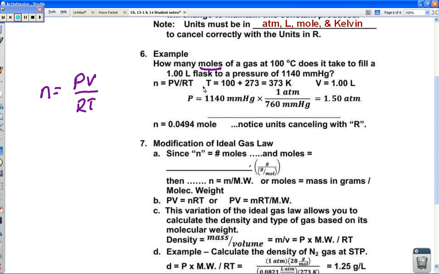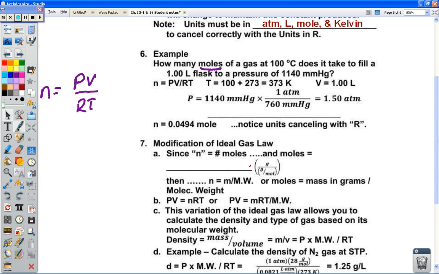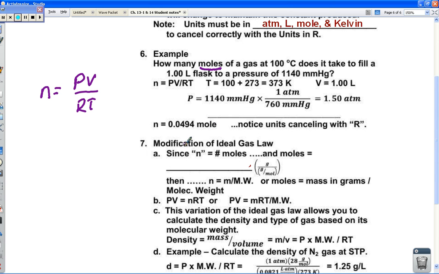It's already written on your page. I forgot to delete it. Our pressure equals... Oh, that's right, we need to convert it to atmospheres. 1140 divided by 760 is going to give you 1.5.